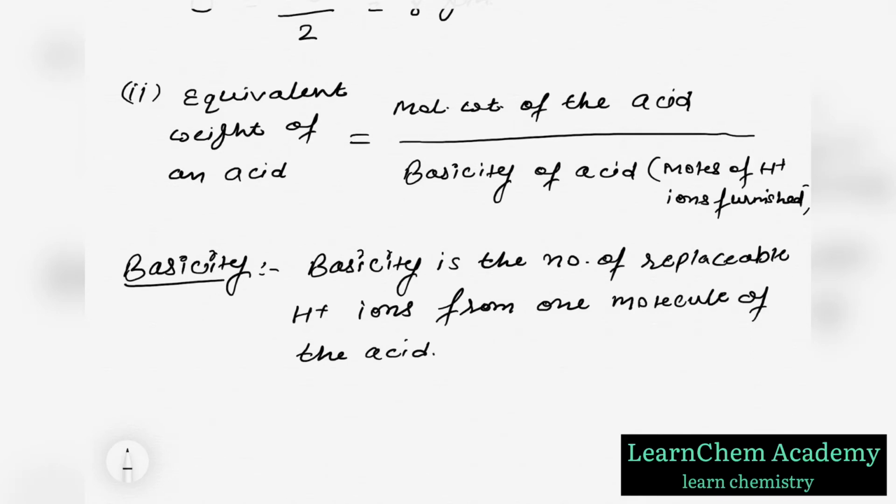In a simple way, we can say the number of H plus ions produced by an acid is called the basicity of that acid.